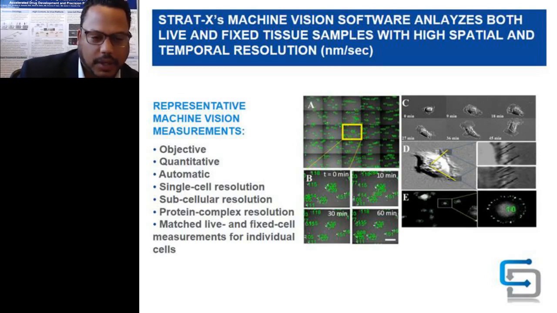Without consistent objective measurement of biomarkers of interest, the machine learning algorithm will just not behave or be trained properly. And so the old adage goes, garbage in and garbage out. So we want to ensure that the data that is actually being observed and measured from the STRAT-X platform is as objective as possible and as robust as possible, such that the machine learning algorithms can be as smart as possible.